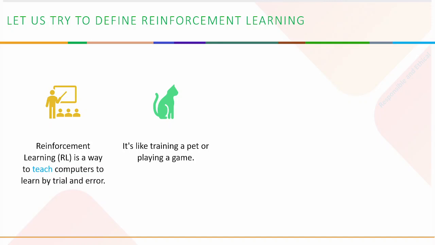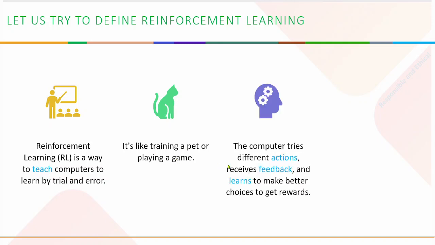In our previous case, we were providing the historical data in thousands and millions. Now here we are training the computer to learn by trial and error. So it's like training a pet or playing a game. The computer tries to execute different actions.